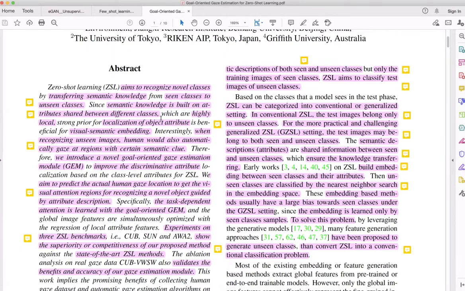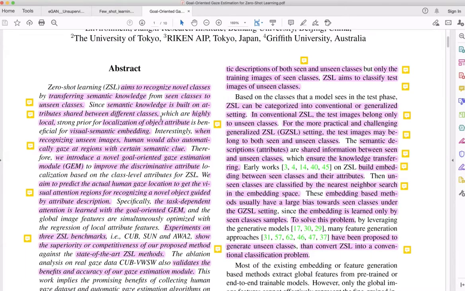So what that's saying is that instead of just training the model, in our case on images, we're going to give the model additional information, which is the images and semantic knowledge of the images. In this case, it's normally considered as attributes of those images. So when the model is learning both the images and the attributes jointly, during inference, when it is given an image, the model will be able to give the attributes of that.